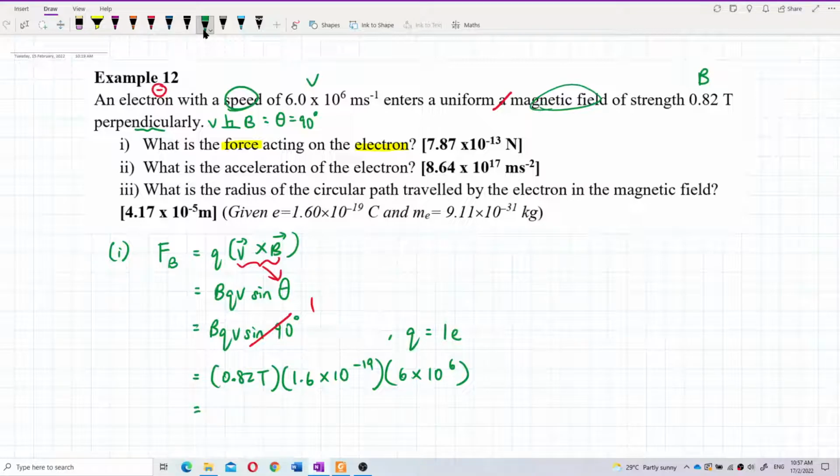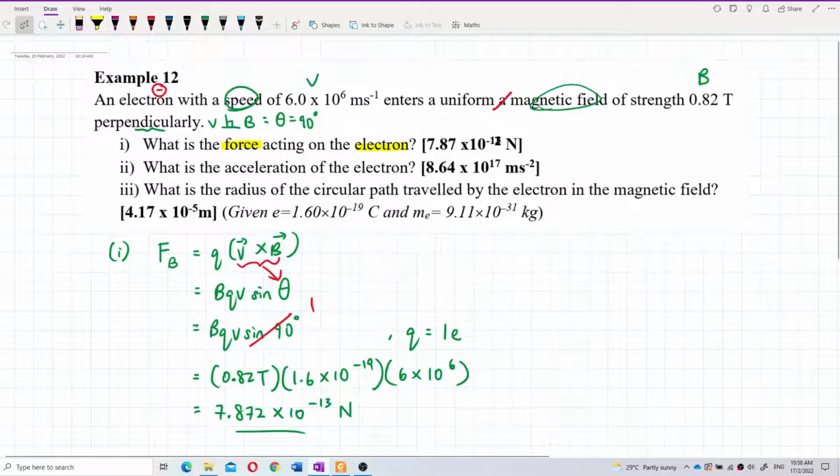So 0.82 multiply 1.6 exponent negative 19 multiply 6 exponent 6. The answer is 7.872 exponent negative 13 Newton. That's the force. Is that correct? That's correct. That's the answer. Mark it.